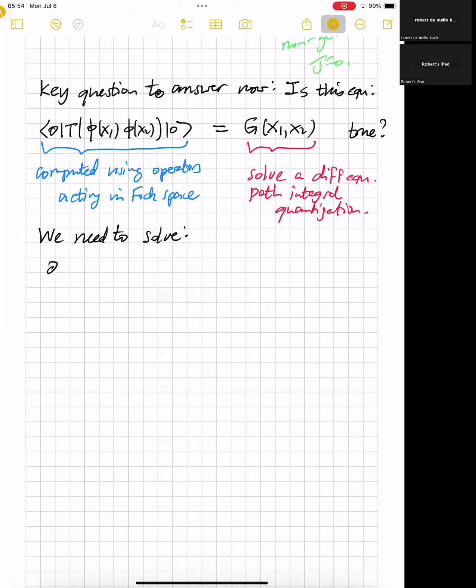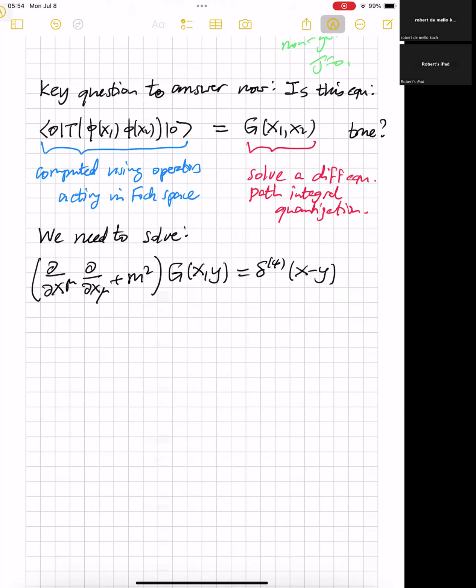We'll have ∂_μ ∂^μ + m² acting on our Green's function G(x, y), and this is equal to the four-dimensional Dirac delta of x minus y. So this is the equation that we want to solve now.